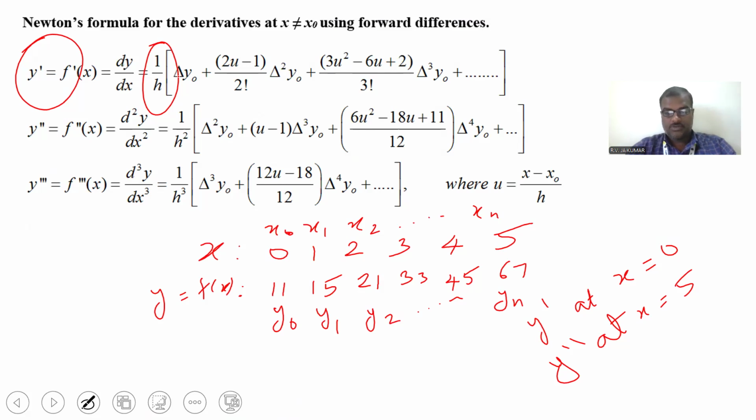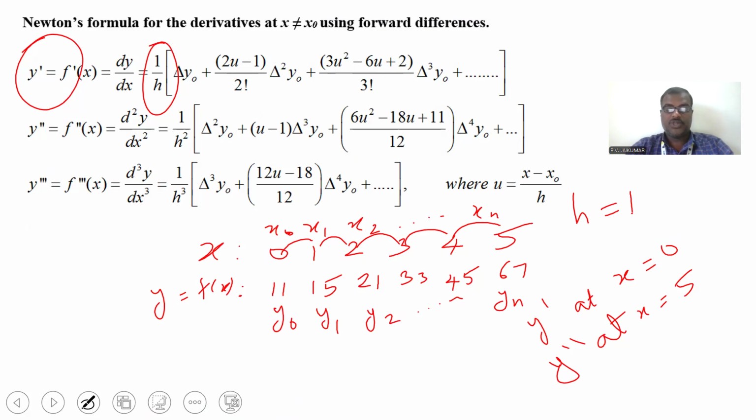the value of h. What is h? The length of the interval is called the delta x or h value. It starts from 0, then 1, 2, 3, 4, and 5. So the length of the interval is 1. And one more thing: the length of the interval should be equal.